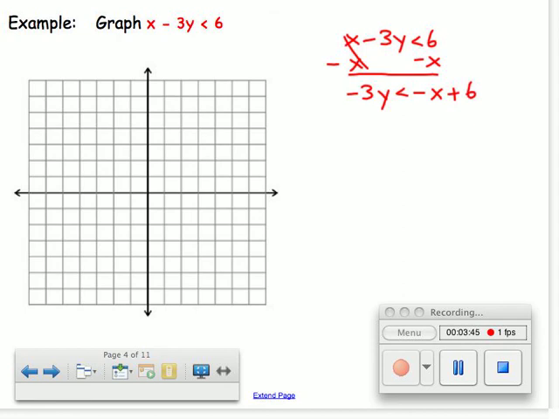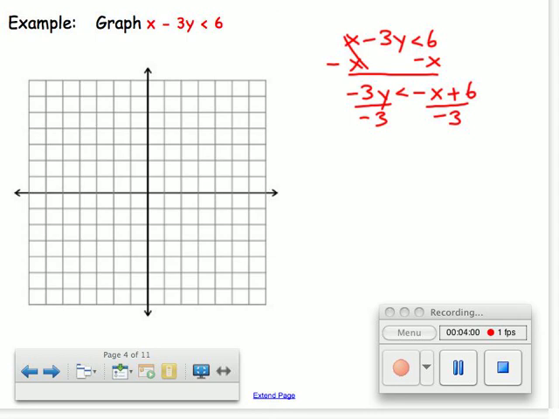But I'm not done yet. What I now need to do is divide both sides by -3. But there's something else to consider there. Remember that when you divide both sides of an inequality by a negative number, you flip the sign.